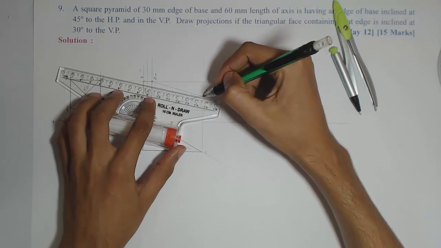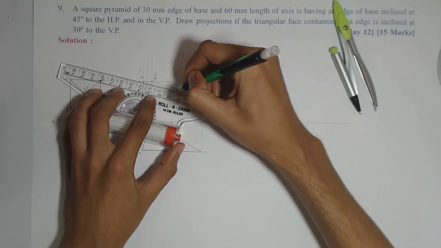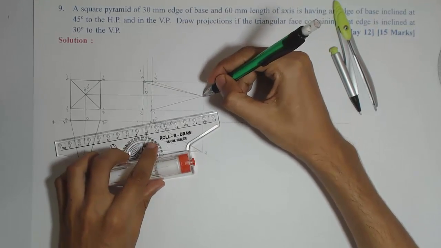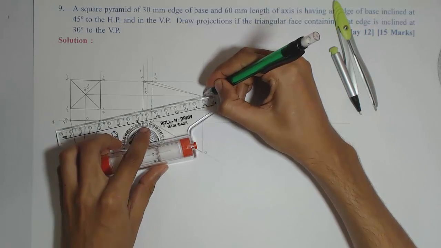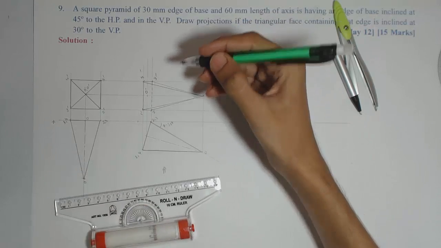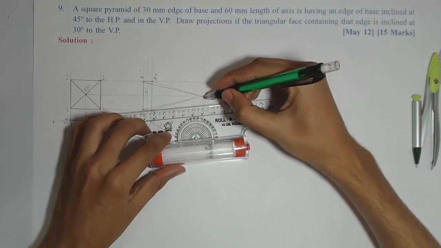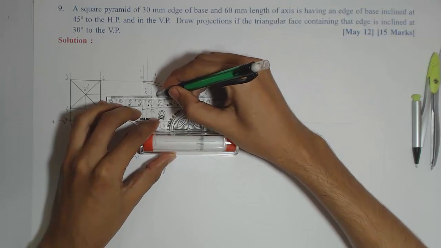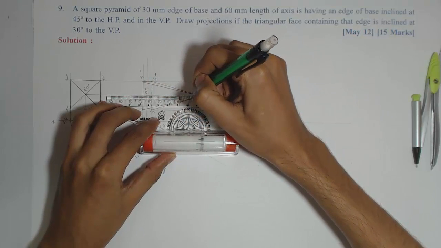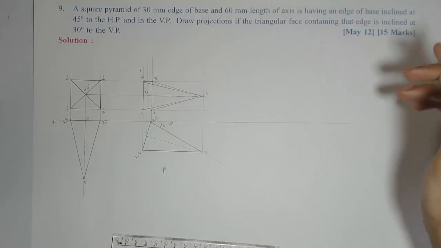So O dash 4 dash and then O dash 1 dash will be dark. Okay. And then we need to mark the axis long dash short dash. Okay, now we'll move to the next step.